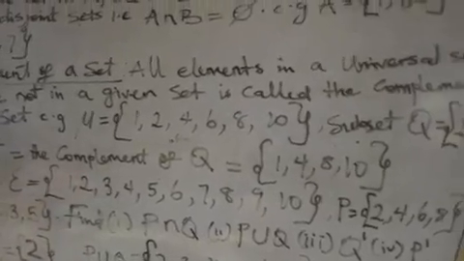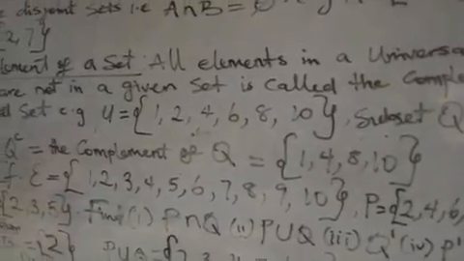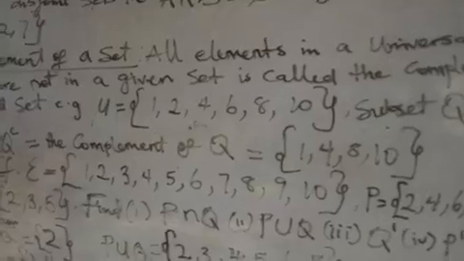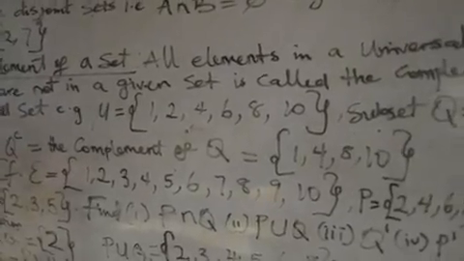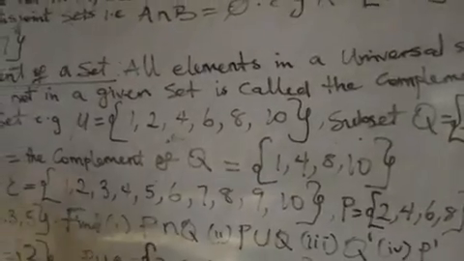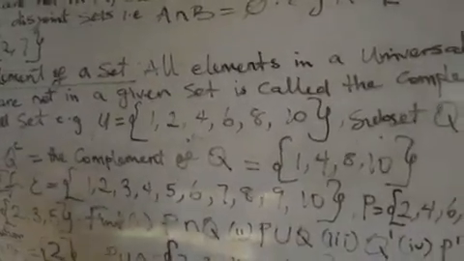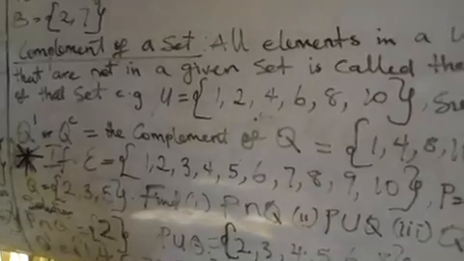We can find 2 and 6 in the universal set, but you are not going to write those out. You write the ones you cannot find in that subset: 1, 4, 8 and 10, because those are the elements you cannot find in subset Q, and those elements are called the complement of Q.